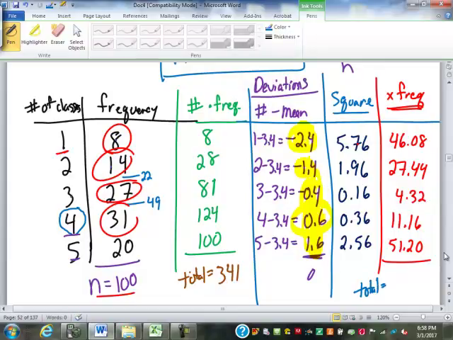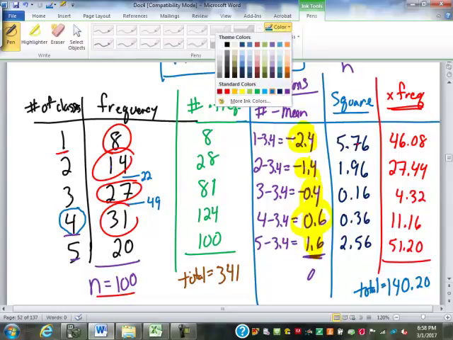I'll let you add them all together. Okay, I did. Did you get 140.20? Okay.